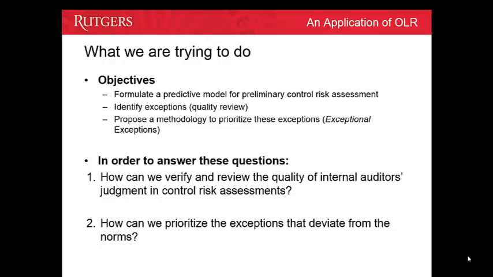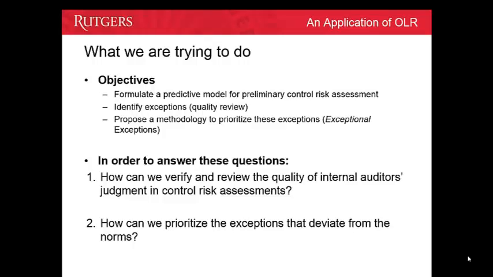So what we are trying to do here is first to predict the values of the preliminary control risk assessments. Those are the expected values according to certain identified issues. And then we would use this predictive model to identify exceptions.